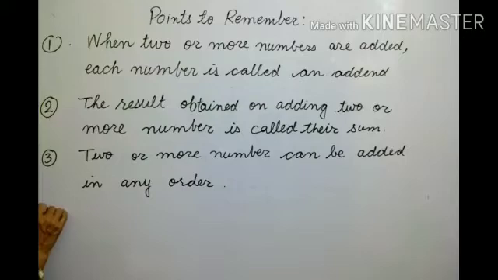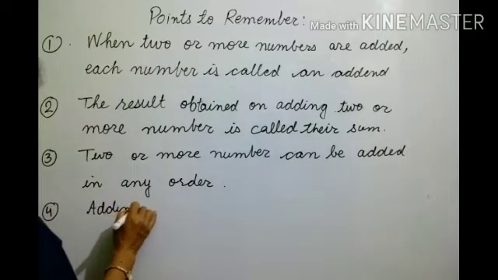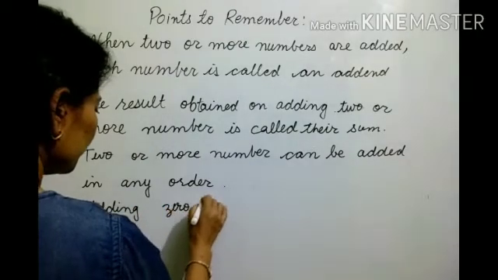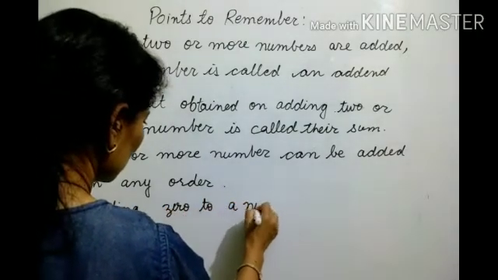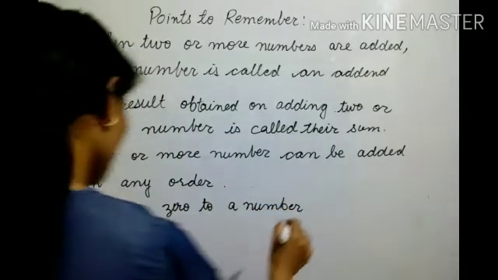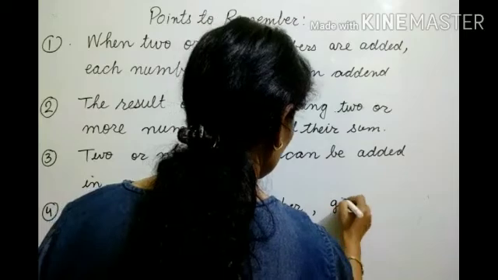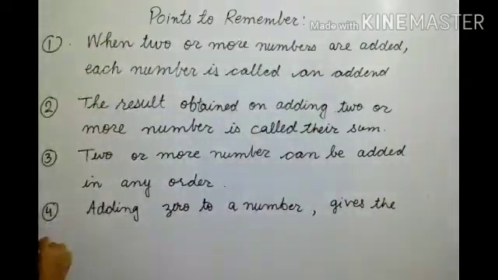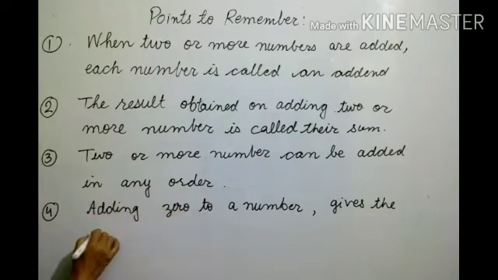And fourth point, that is the last, adding 0 to a number gives the same number or gives the number itself.